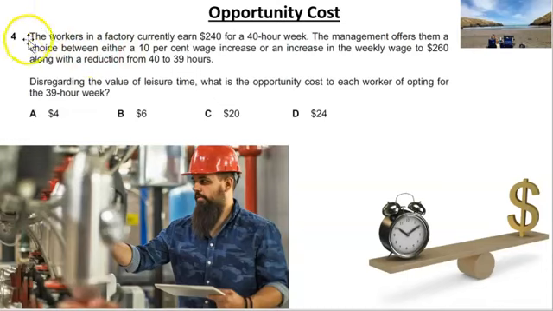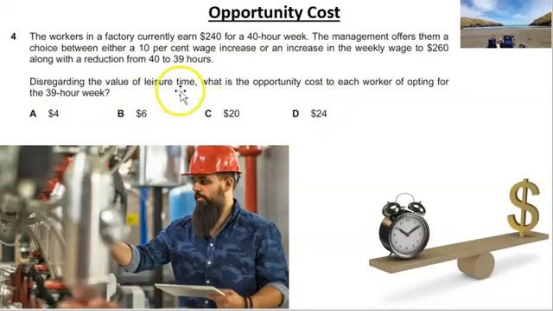So if you guys want to read our multi-choice question here, which really the crux of it is a worker has a choice between doing a 40-hour week, and we've got some information there, versus a choice from management to take a 39-hour week. So if they did choose that 39-hour week, what are they missing out on?